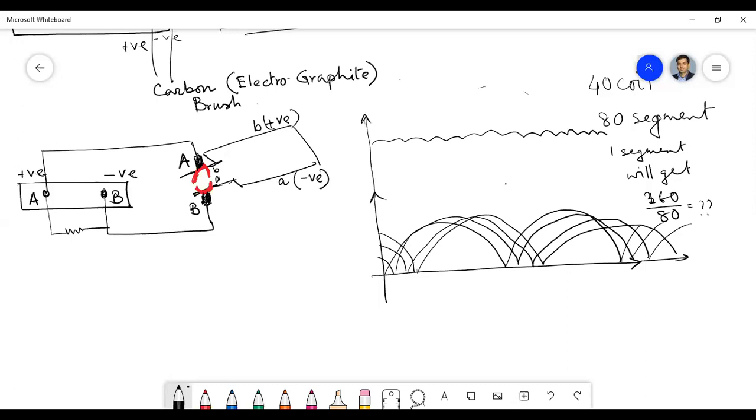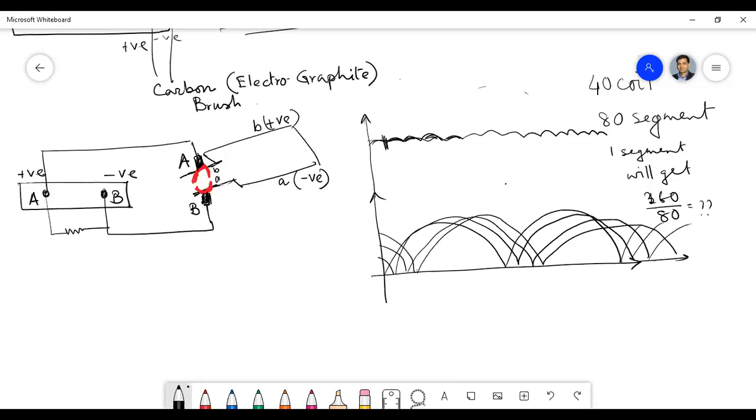So the total voltage that I will get is this type of curve. This is the contribution of one coil. When the brush leaves, another coil's contribution will come, then another coil, then another coil. In this way, we can get some filtration without any practical filter. If we add all these voltages, we will get this type of voltage waveform.